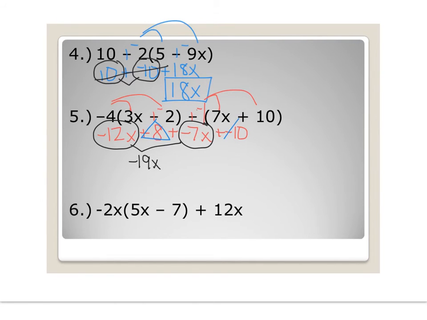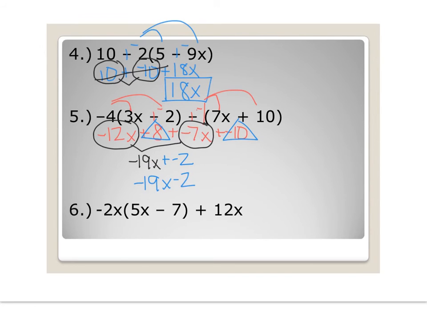Combining the constants, 8 plus a negative 10 is negative 2. So plus a negative 2. Again, this is how most of you guys would write your answer, which is perfectly fine. But again, multiple choice answer would be 19x minus 2. Both are fine. Just be able to recognize this one as a multiple choice answer.